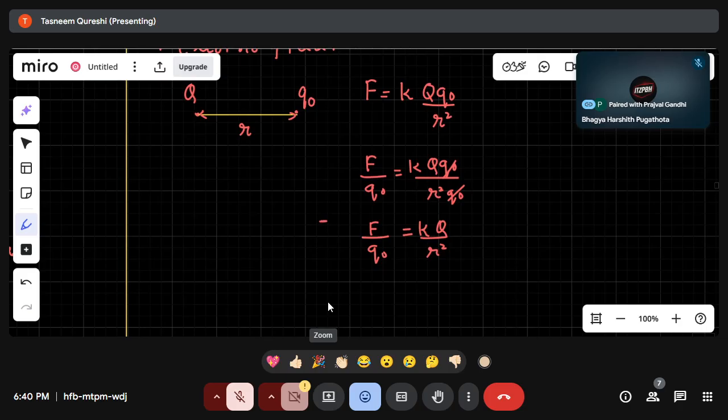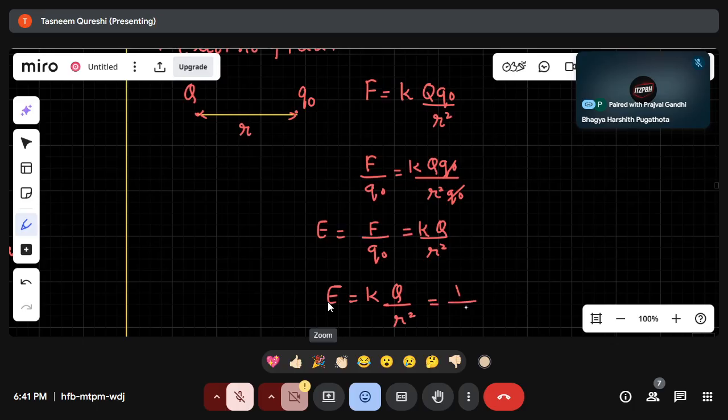This thing is nothing but your electric field, and it is force experienced by a charge per unit test charge. What you have to do, you have to divide the force equation with the other charge. Now if you write it, E is equal to k q over r square, or you can write it like this also.